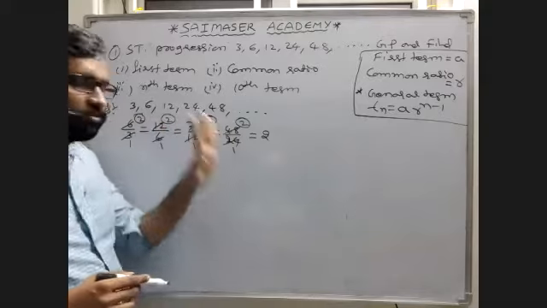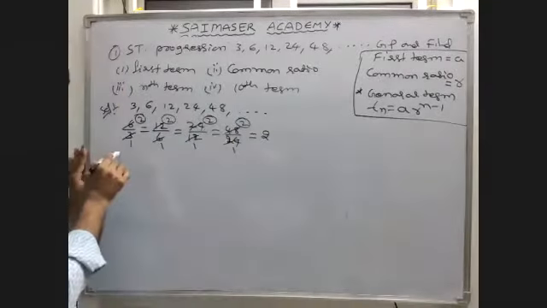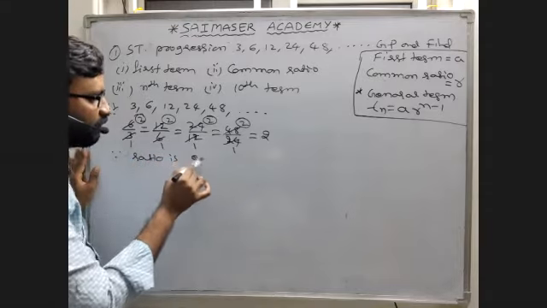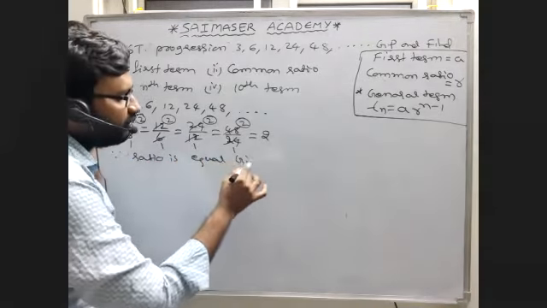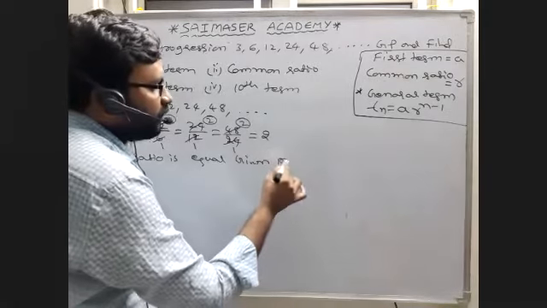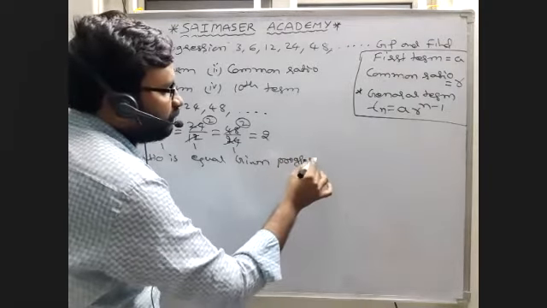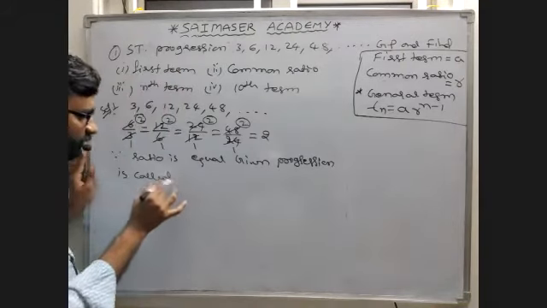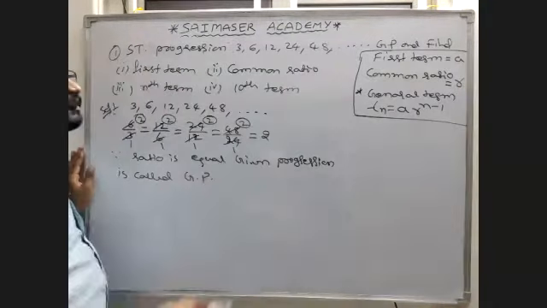So since the ratio is equal, the given progression is called GP.